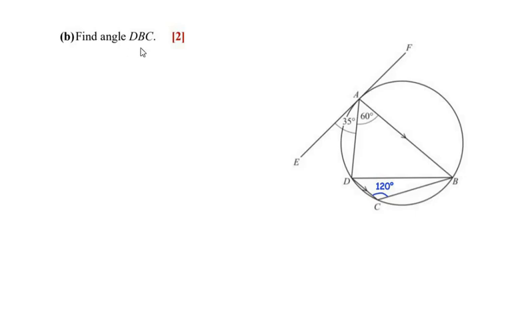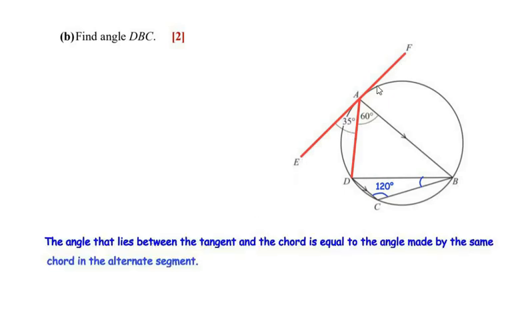Find angle DBC. That is, we are supposed to find out this small angle DBC. And for that, we are going to consider the tangent EF and the chord AD. Now we are going to make use of a circle theorem, that is the alternate segment theorem, which states that the angle that lies between the tangent and the chord is equal to the angle made by the same chord but in the alternate segment.